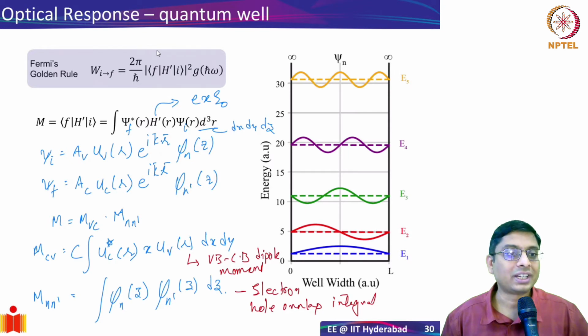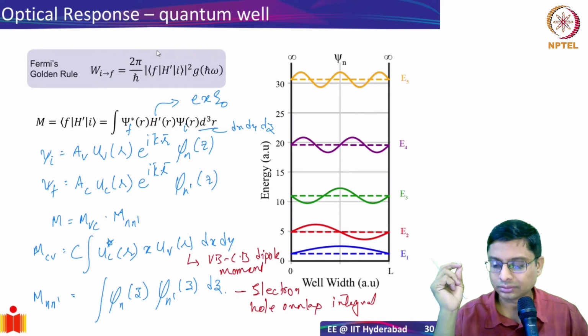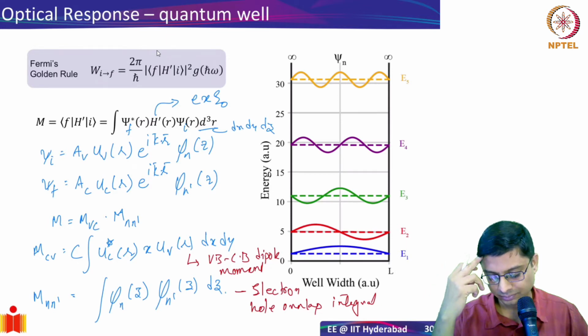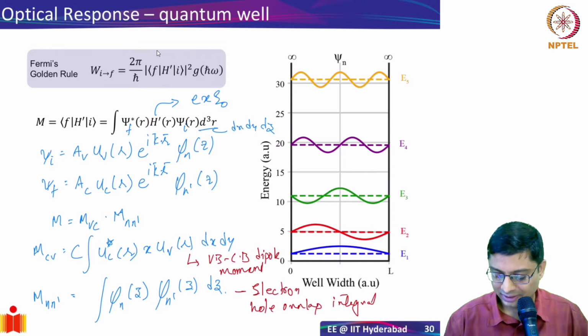Yeah, there's a question I have here. For M_CV, you are integrating, you have an X term, but in M_nn prime you do not have any Z component. Okay. So the question was, there is an X term here in the M_CV, but in the M_nn prime you don't have. Okay, sorry, I should have written it.